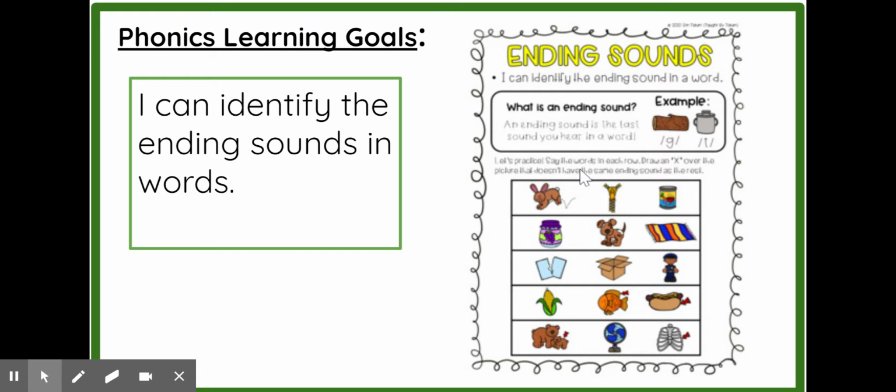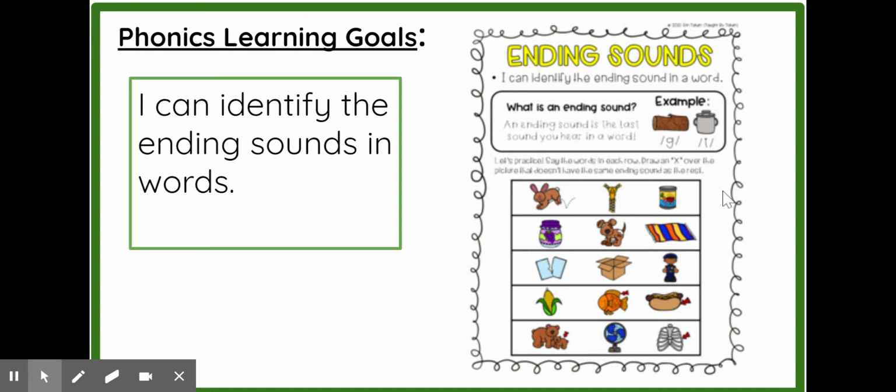Let's look at a couple of examples from this chart. Here we have hop, zip, and can. Two of these things have the same ending sound, and one of them does not. Say the words with me, boys and girls. Hop, zip, can.